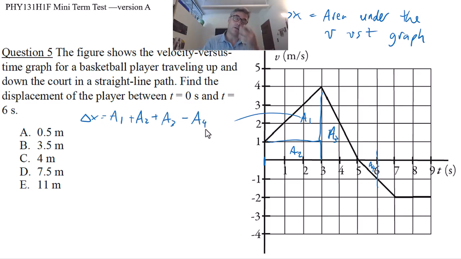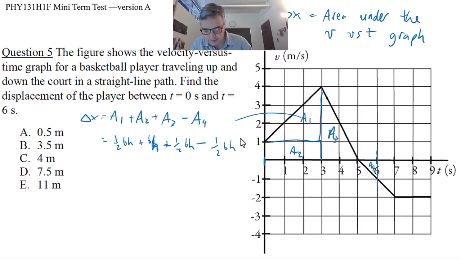I'm just going to use triangle or rectangle rules. A1 is 1/2 base times height. A2 is just the base times the height. Plus A3 is 1/2 base times the height. And then minus 1/2 the base times the height. They all have different bases and heights, but I'm not going to put subscripts everywhere.